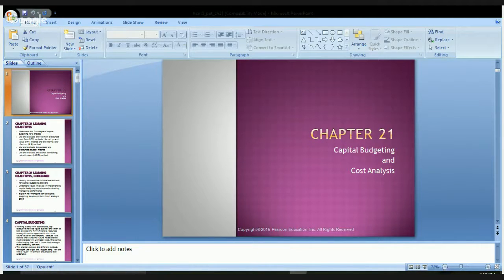Now, when I talk about the trial and error approach, we use a discount rate and calculate the project NPV. The goal is to find the discount rate for which NPV equals 0. If the calculated NPV is greater than zero, use a higher discount rate. If the calculated NPV is less than zero, use a lower discount rate.